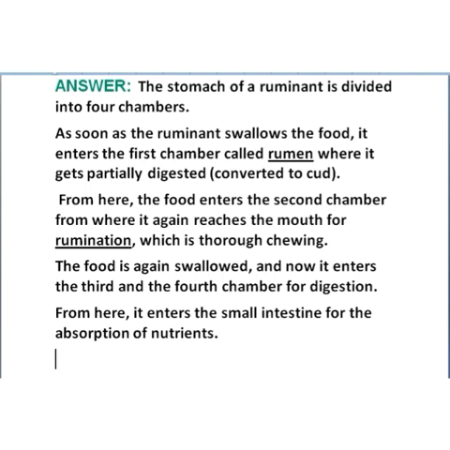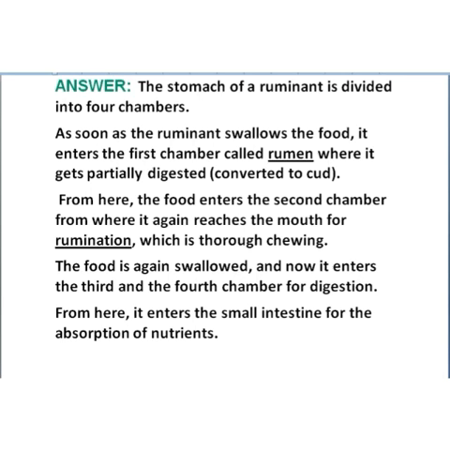So these are the four chambers, right, students? In the first chamber the ruminant swallows the food, and when it reaches the second chamber, they start chewing that food, right? And in the third and the fourth chamber the food is digested.